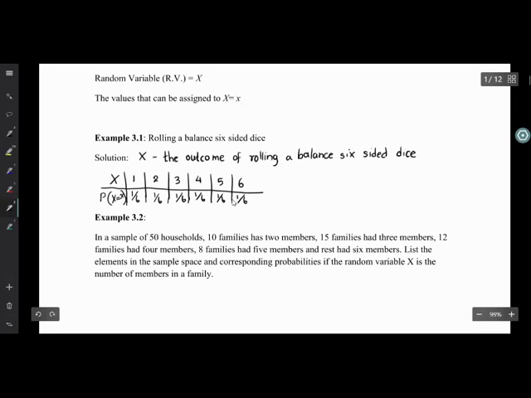Now you see the random variable X, the values that it can contain, and also their corresponding probabilities. This is how the total probability is distributed among all possible outcomes of the random variable X. This is called the probability distribution of X.